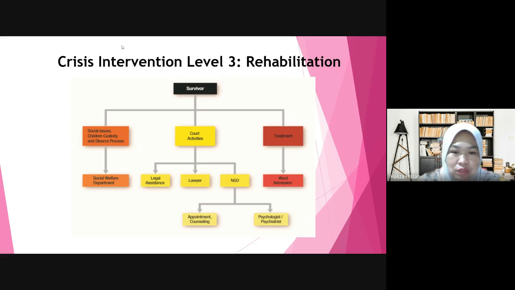After discharge, if the victim still wants to pursue the case, they will sue, so the court activities will take place. And then NGO appointment for counselling, psychological or psychiatrist, and for level 3 also the treatment.